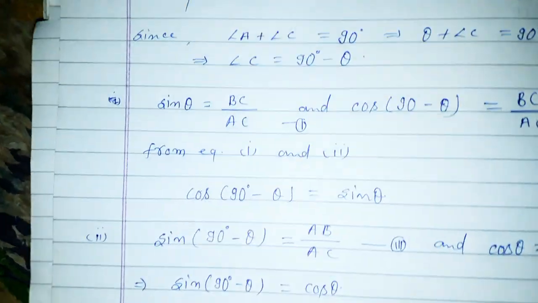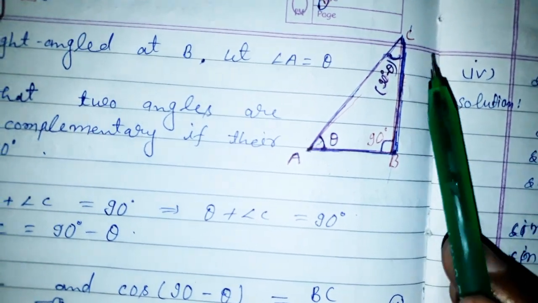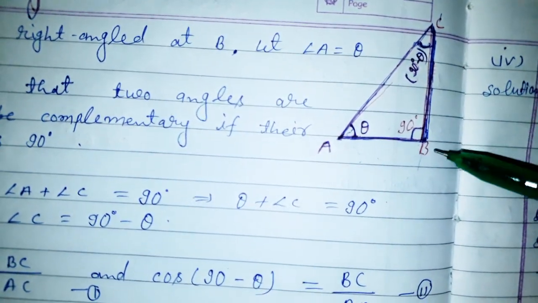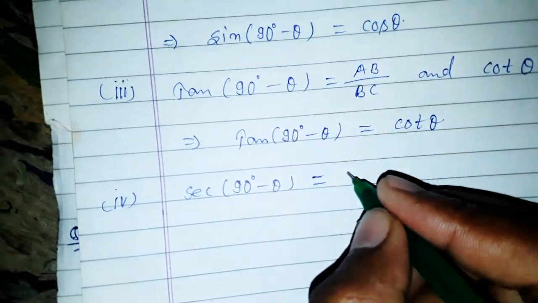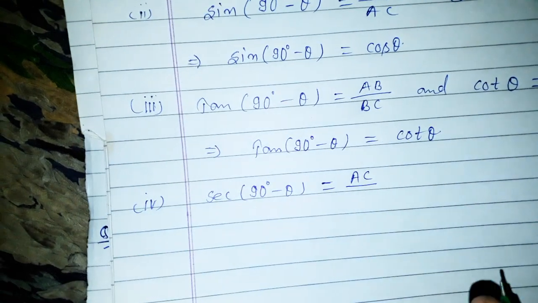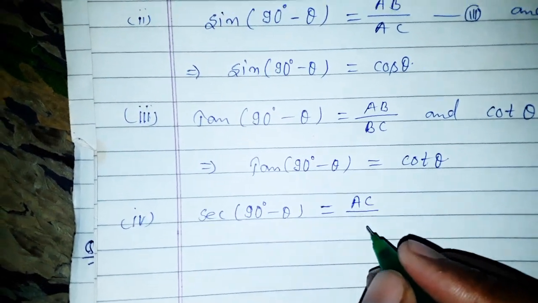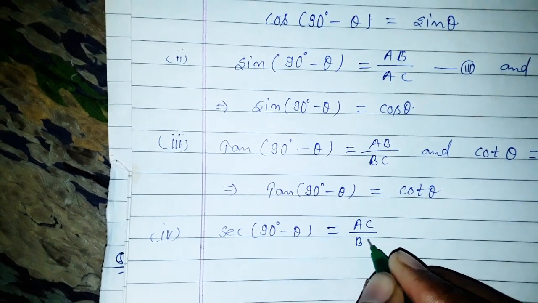Sec is hypotenuse upon adjacent side. So here the adjacent side is BC and the hypotenuse is AC. So write AC upon BC.